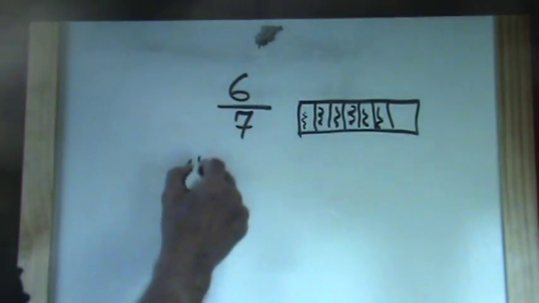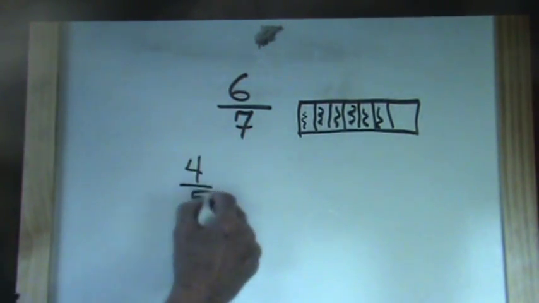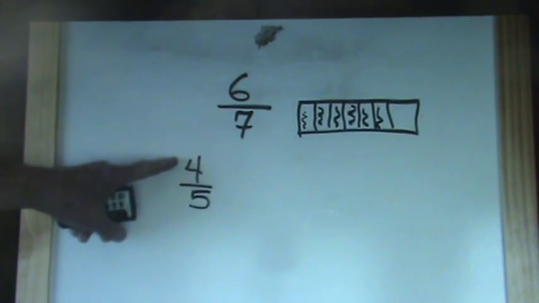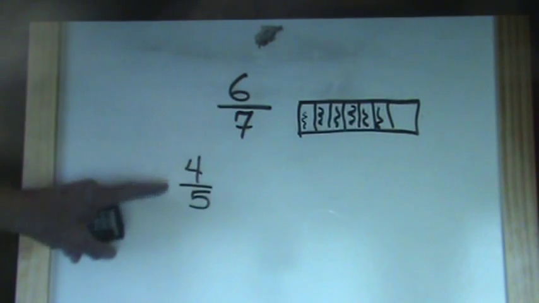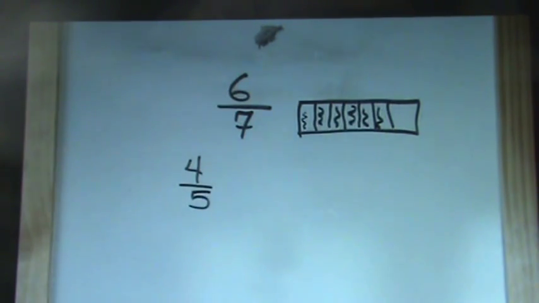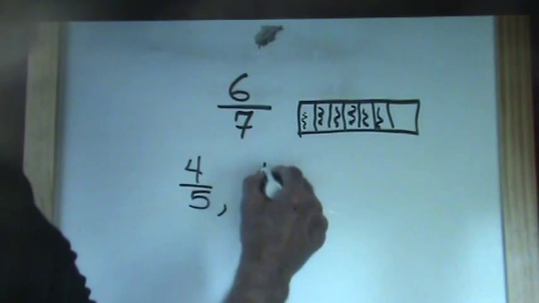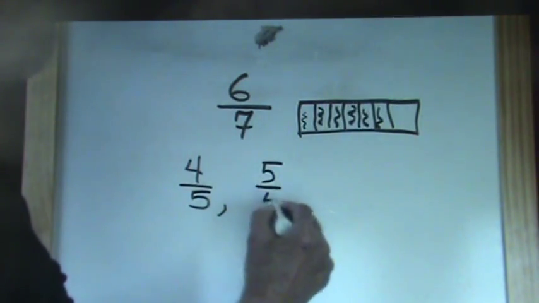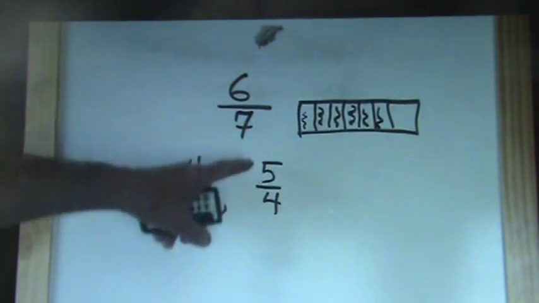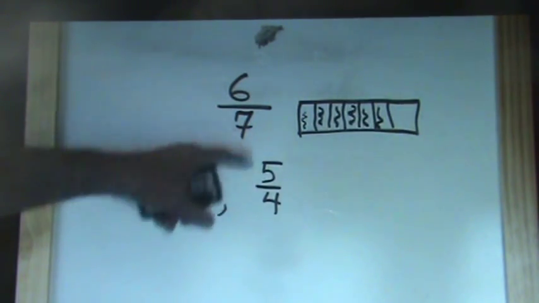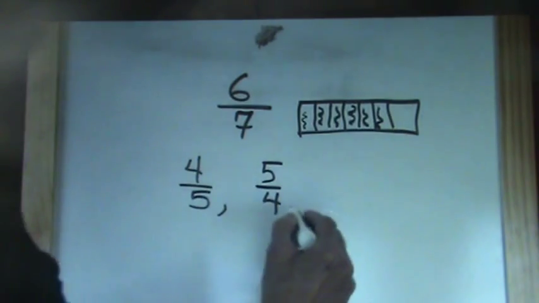Then quickly we talked about types of fractions. Proper fractions: the top, the numerator, is smaller than the bottom denominator. Proper fractions are always less than 1 whole. We have improper fractions: top bigger than the bottom, always more than 1 whole.